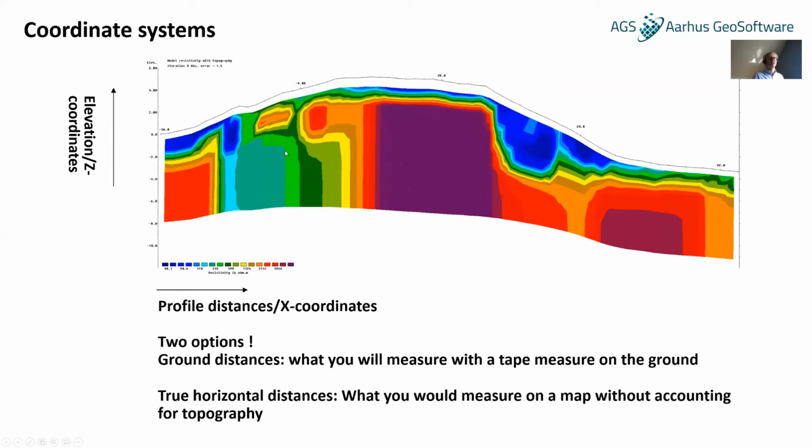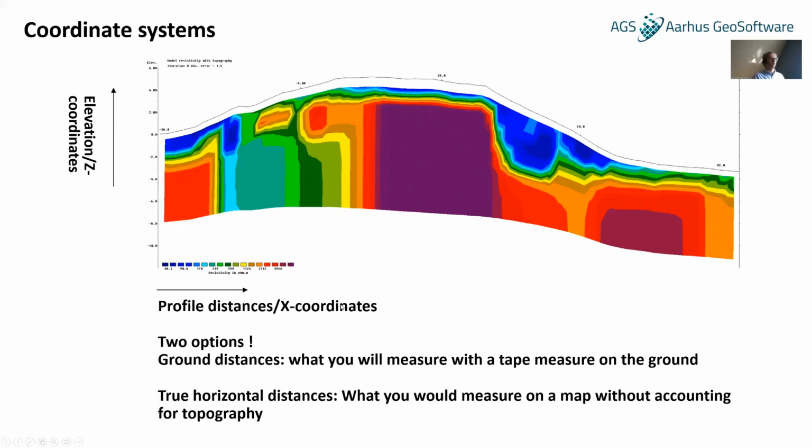This is often the case if you work with fixed distance multi-takeout cables. Then you will usually have a takeout for an electrode for every 2 or 5 or 10 or maybe 100 meters, and you will then put your electrode at these locations. So this means that the distance between the electrodes will be this fixed takeout length following the ground. The other option is to use true horizontal distances.